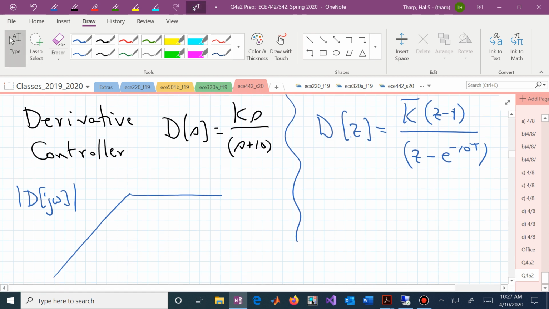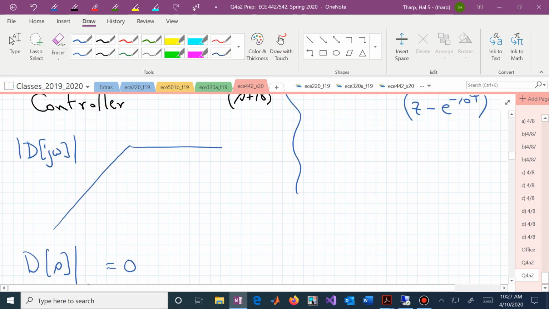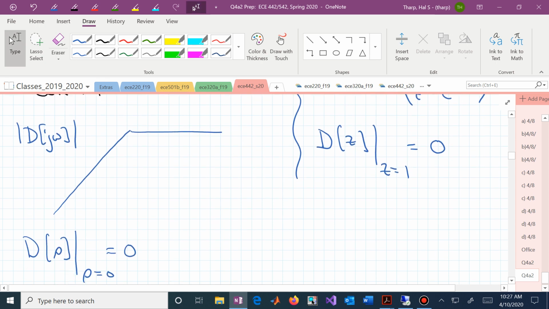And over here, if we evaluated this at dc, that would be at z equal to 1, and d of z with z equal to 1 is going to be 0, and that doesn't make any sense. Now we would be looking at 0 is equal to k bar 0. You can't make a call.